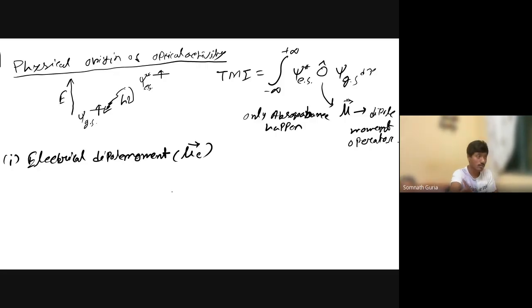We have some positive charge over here and some negative charge over here, and the dipole moment generated is called the electrical dipole moment. This is a very strong dipole moment.